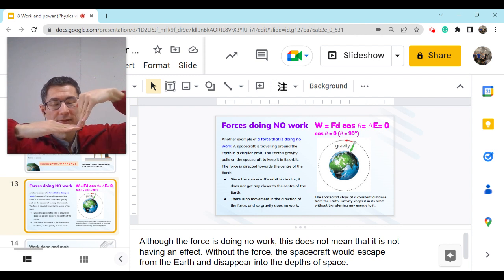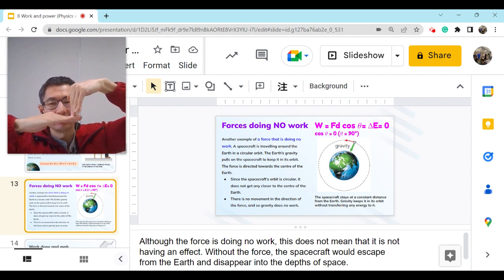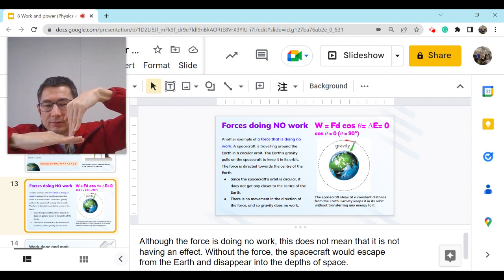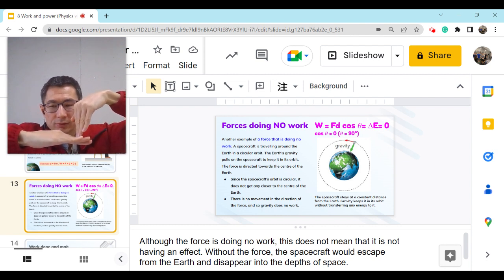But if it is at a right angle, perpendicular, then cos 90 degrees will be 0.